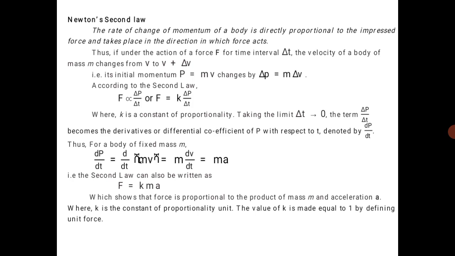So the rate of change of momentum means mass into rate of change of velocity. We have already known the rate of change of velocity is acceleration. So F equal to K into dp by dt, and that dp by dt is ma. So we can write F equal to K into ma, where K is the proportionality constant.